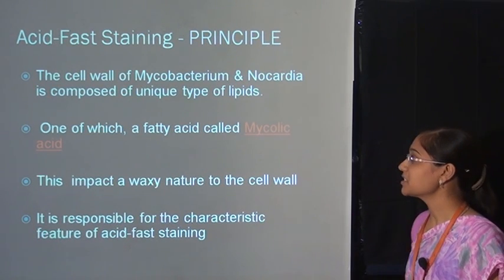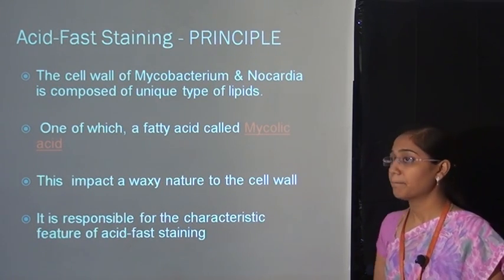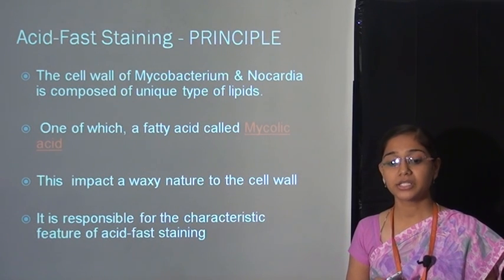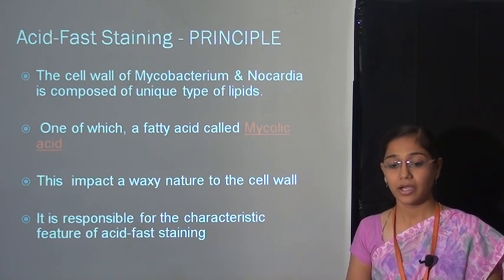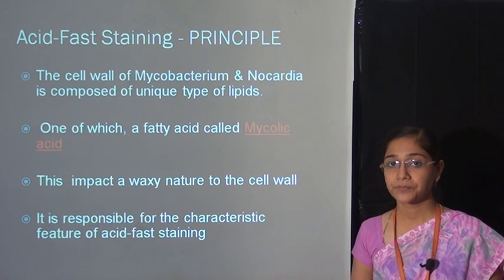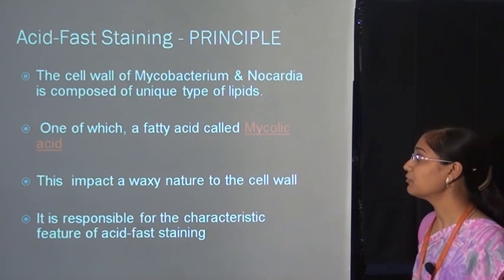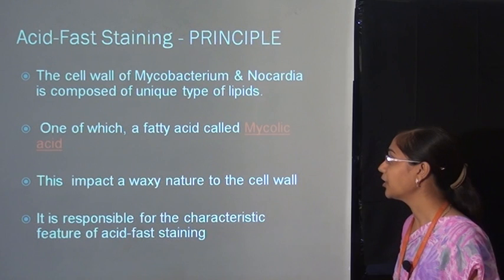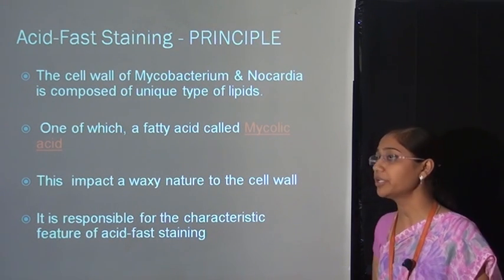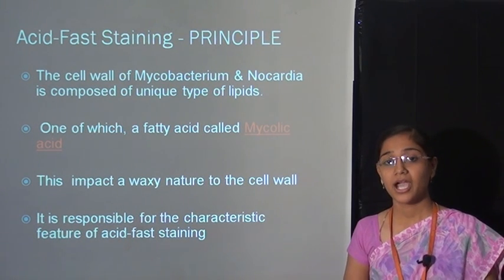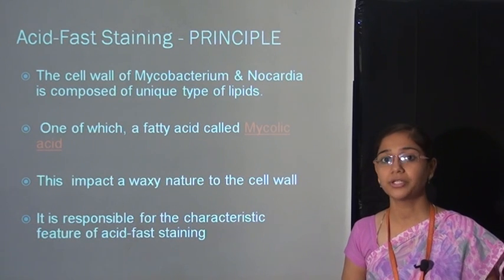What is the acid-fast staining principle? Mycobacteria contain a typical lipid layer, that is mycolic acid. The cell wall of Mycobacterium and Nocardia is composed of a unique type of lipid. And what is this unique lipid?